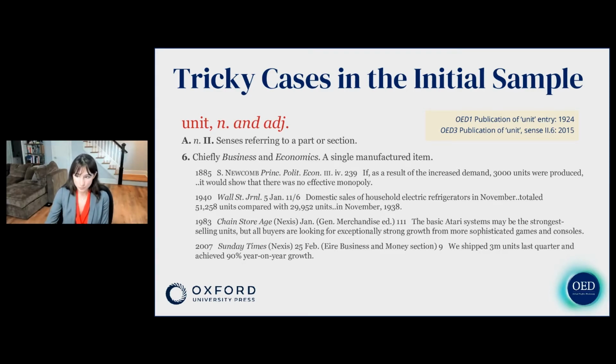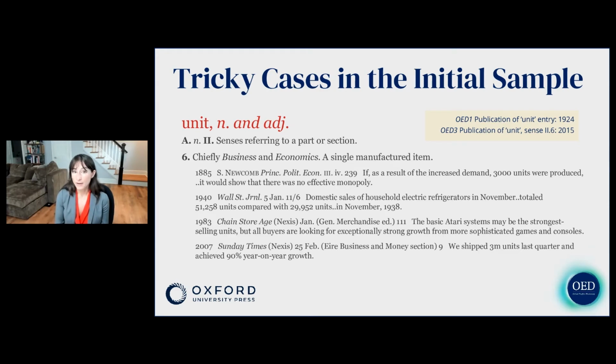And so essentially what was discovered here was a sense that did exist at the time of the initial publication of the entry in 1924, but simply had not been found yet. And so that doesn't necessarily represent a sense that is new to the language, but rather simply new to us because of the documentation having not been available in 1924 and being available in 2015.